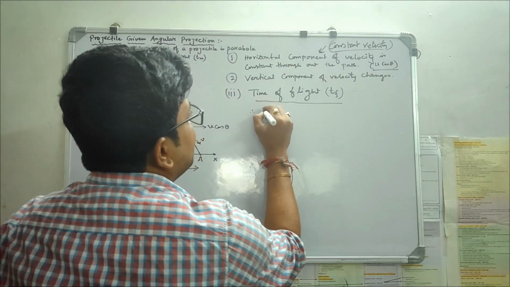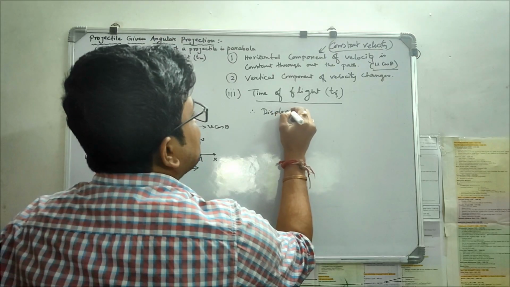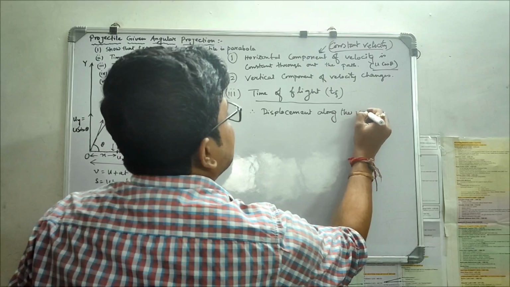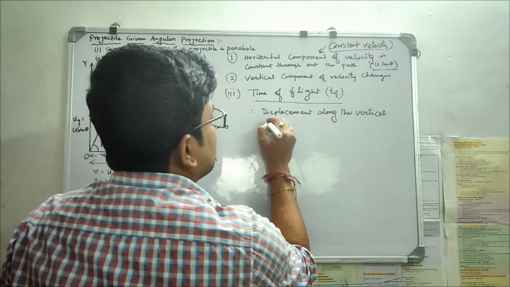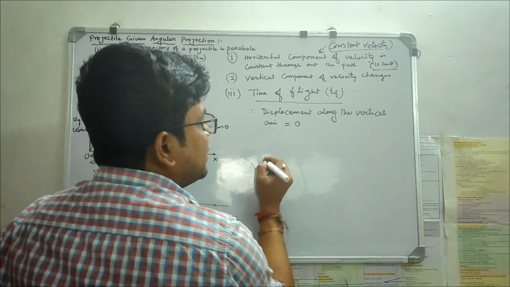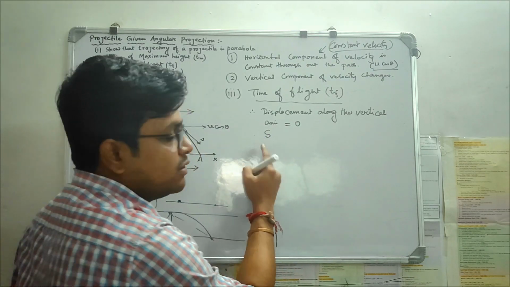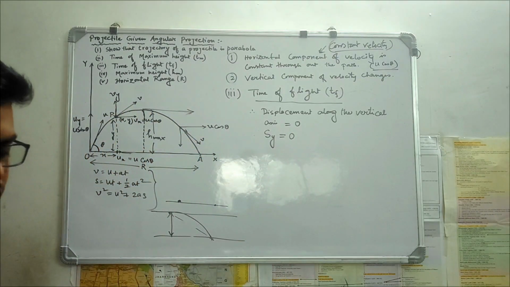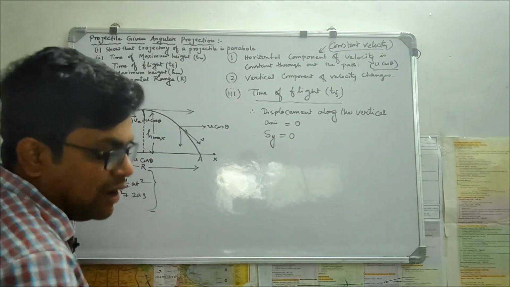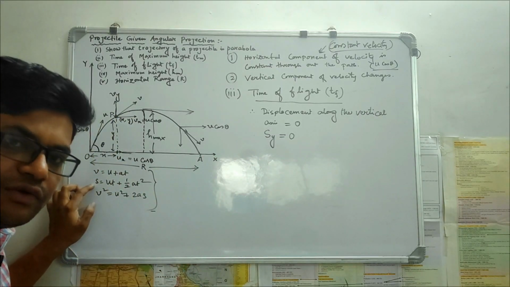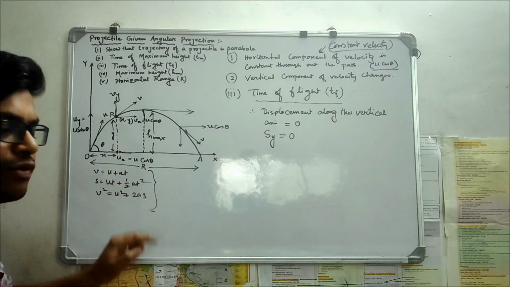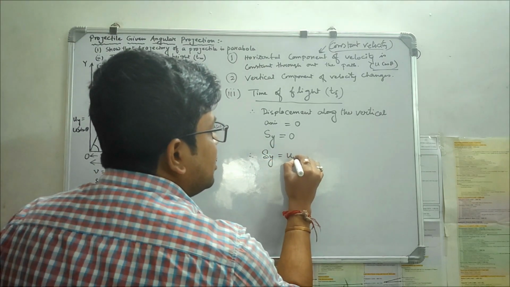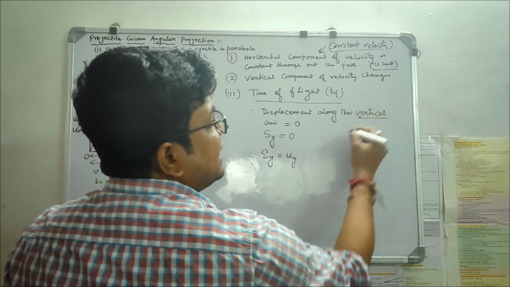So that I will use. That means displacement along the vertical axis is equal to 0. That means S, displacement, Y, the vertical component, is 0. S_y equals 0, right? Now for S I will use the formula S equals UT plus half AT square. So S_y equals U_y, because you are taking only the vertical component.